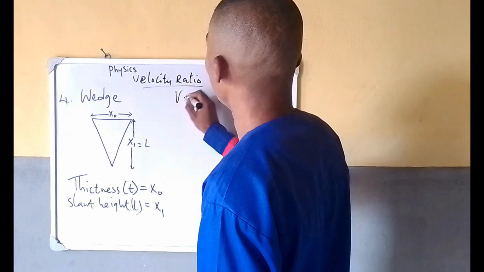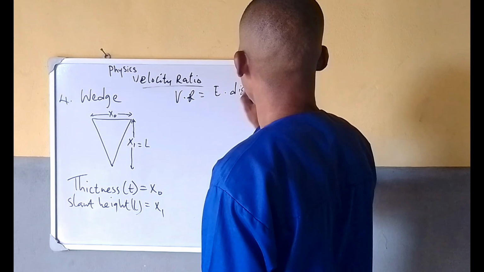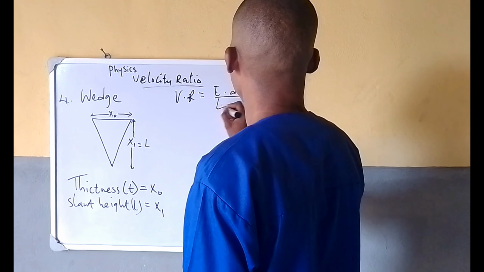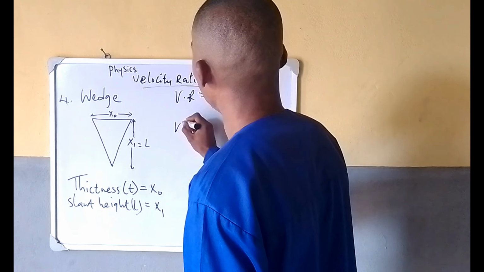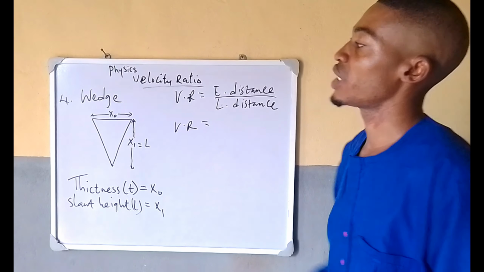Remember, velocity ratio is effort distance over what? Load distance. So we can write that velocity ratio is, what is the effort distance when you are using this machine to do work?